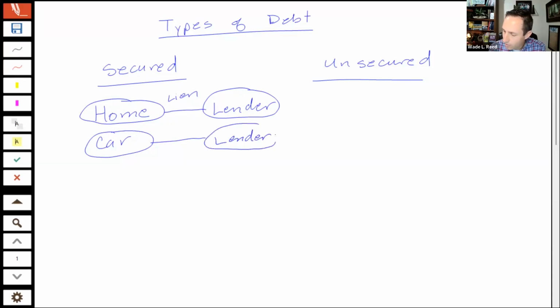And if you don't have your title in your home office in a folder somewhere, then that means that you have a lien on your vehicle or your home. These liens give certain rights to the lender.